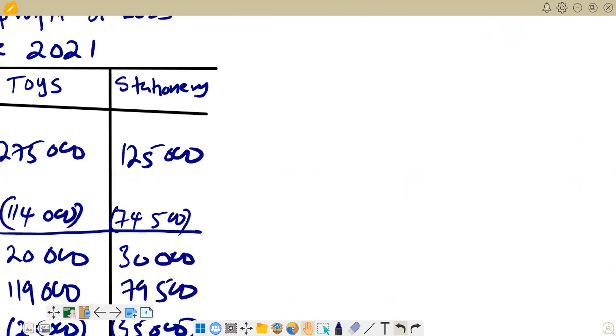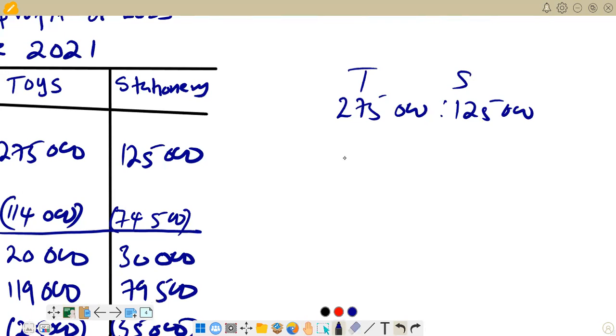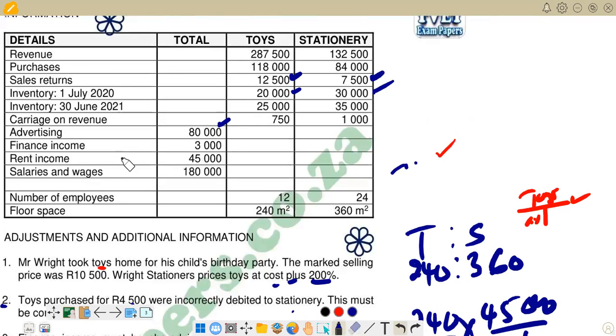So we are saying 275,000 is to 125,000, and this is toys, this is stationery. Remember, we have got 80,000 for advertising. So this is the figure that we are going to apportion between the two.